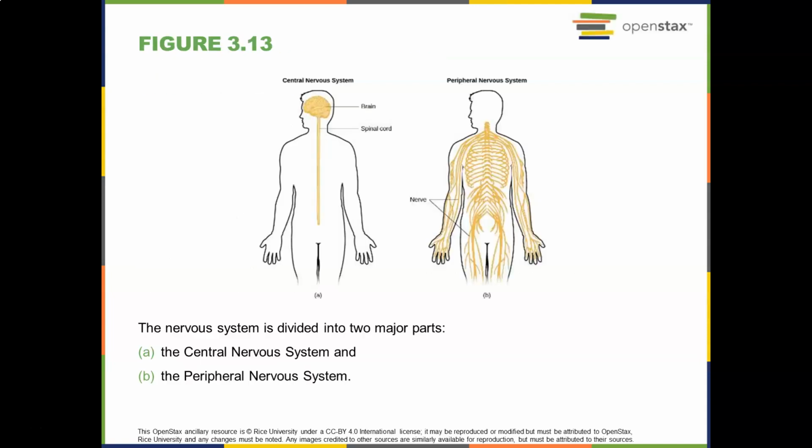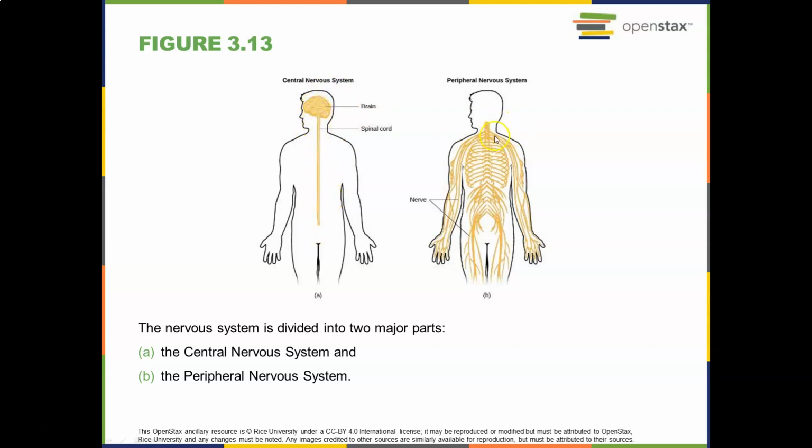Now we're going to begin talking about the parts of the nervous system. One thing that a lot of people don't understand when I say nervous system is that there are a couple of different types of nervous systems. Those are shown right here. The central nervous system is the brain and the spinal cord.